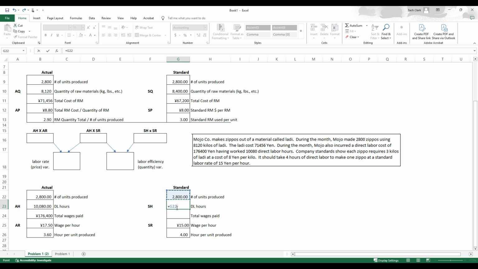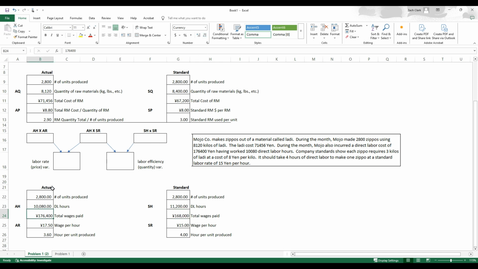Okay. And then if we were to look at this from our budget perspective, if we had done the 4 hours per unit and we were doing 2,800 units, that would be 11,200 hours. And if we did 11,200 hours times the standard 15 per hour, then we'd have 168,000 total yen.